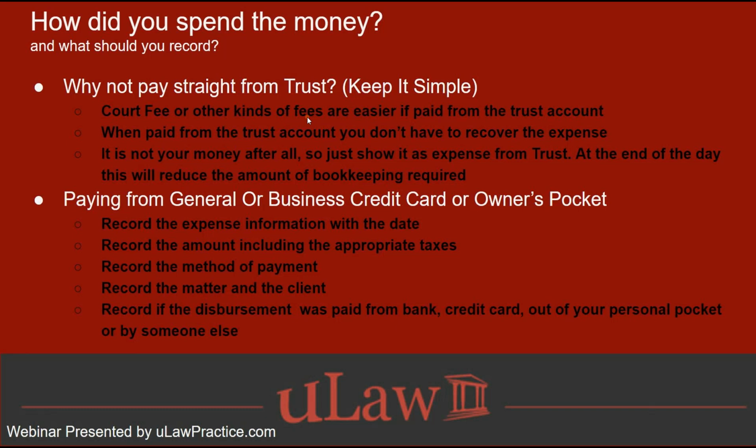In both of these, the risk of having to wait for a client to pay you without a dispute is reduced. Whereas in the third and final pathway, where there's no trust or retainer money involved, and you're paying for it with the leap of faith that this client would pay you for that money that you paid in advance, is the third option of paying it completely out of the general account.